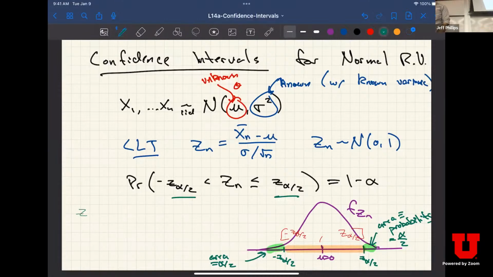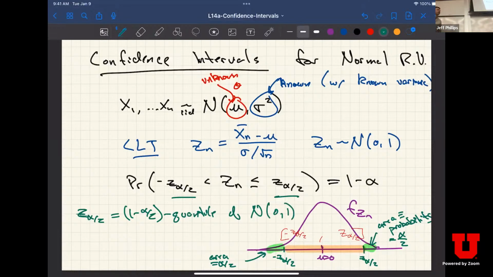Z alpha over 2 is exactly the 1 minus alpha over 2 quantile of the standard normal distribution. And it turns out that for 0.025, that's if alpha is 5%, this is approximately 1.96.